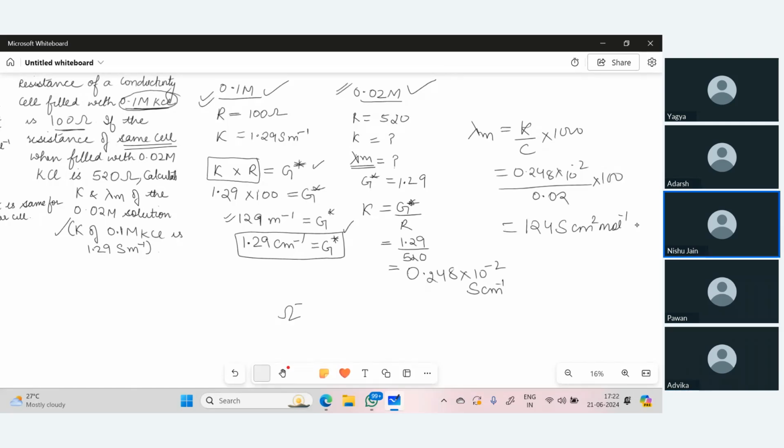Siemens is ohm inverse, and meter inverse, right? And what is the resistance unit? Ohm. So when you multiply kappa into R, ohm inverse and ohm get cancelled. So it becomes meter inverse, because Siemens and ohm inverse are the same thing.